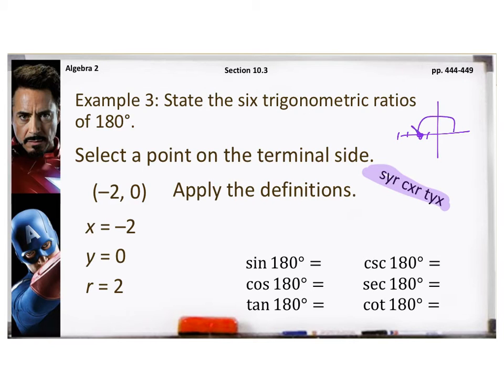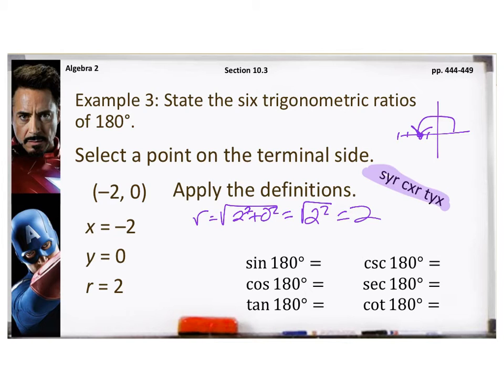This is our angle. So, our x is -2, our y is 0, our r is 2, because r is the square root of 2 squared plus 0 squared, which is the square root of 2 squared, or 2. So r is 2.